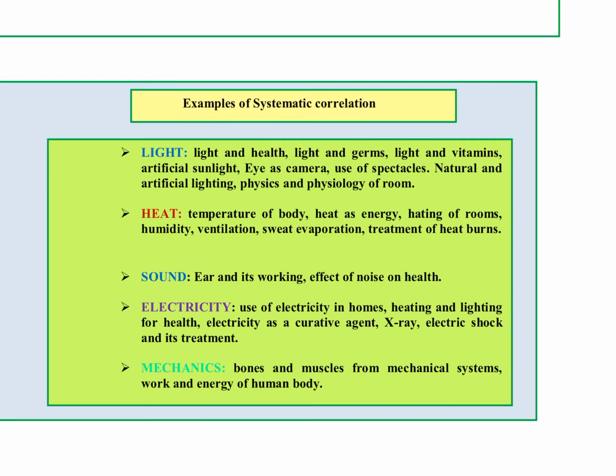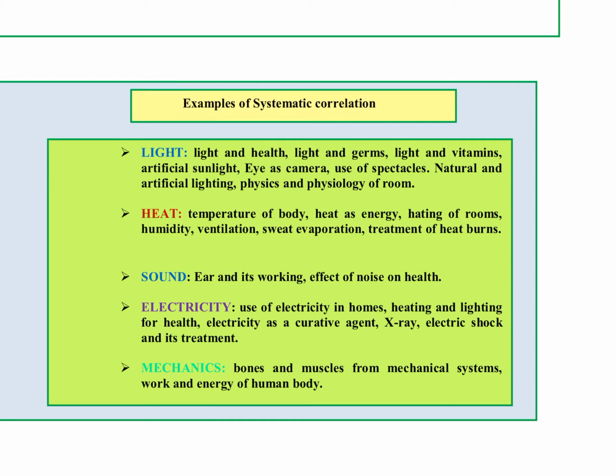The study of sunlight is a part of physics, and that sunlight is responsible for making vitamin D in the human body. So the vitamin part is biology. So this is intentionally incorporated in the syllabus. So this is called systematic correlation.